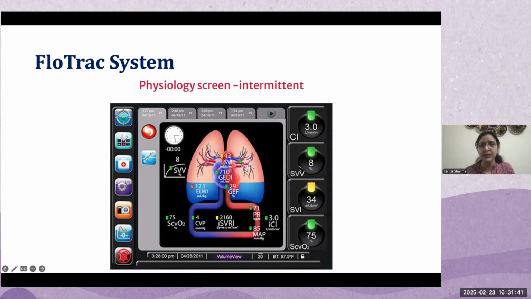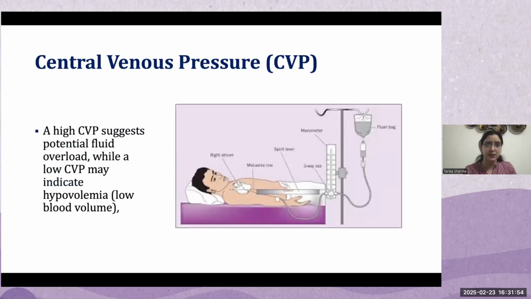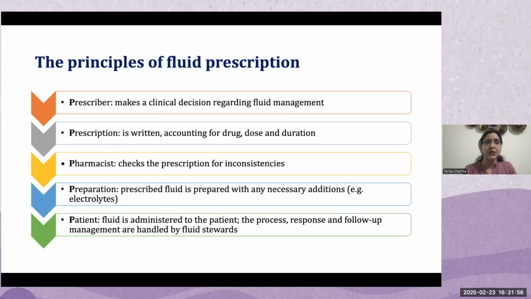Here you can see the stroke volume variation and the cardiac output, and depending on these parameters you can find out whether the person needs fluids or not. So these are some of the examples people might use in the ICUs to see whether there is a need for the prescription.